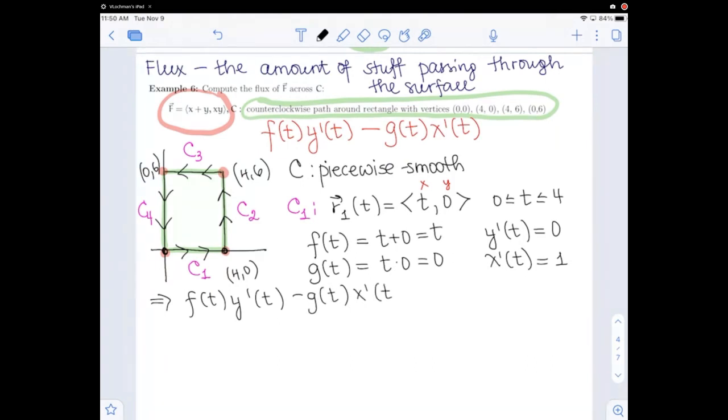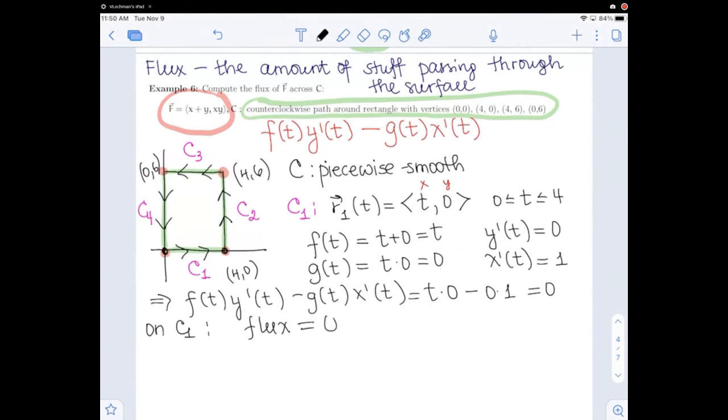What is that going to be? That's going to be t times 0 minus 0 times 1, and that's 0. Okay? If we integrate 0 over anything, we're just going to get 0. So on C1, we can stop right here. The flux is equal to 0.